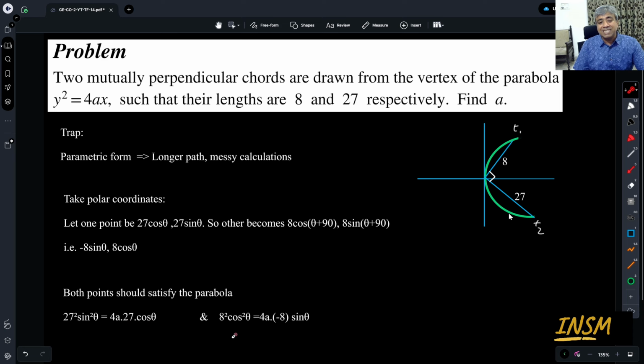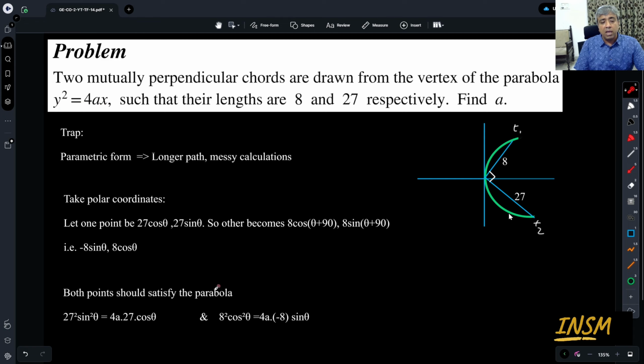Now we put the second point again in the equation y square equal to 4ax. Its y is 8 cos theta, so 8 square cos square theta equals 4a, and x is minus 8 sin theta. The only thing left is eliminating theta and finding a.